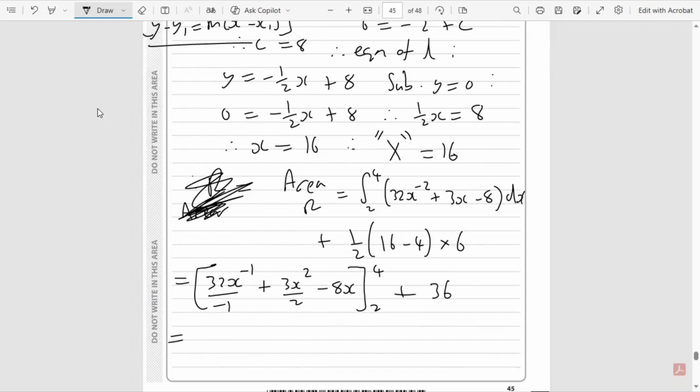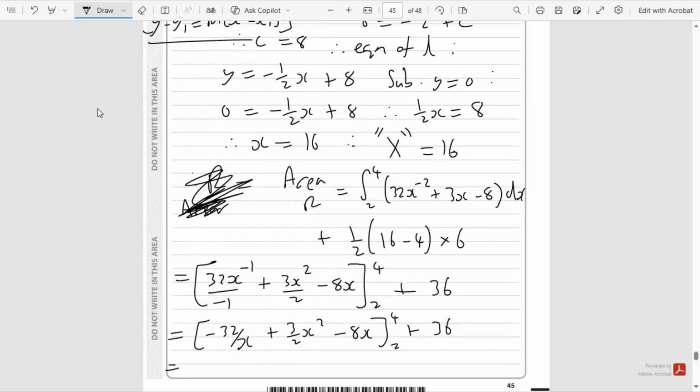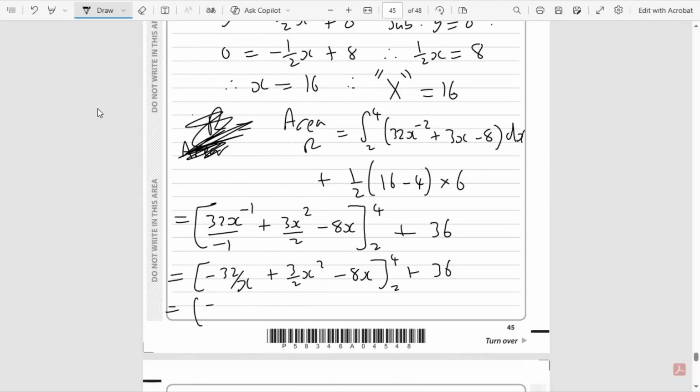Now we can simplify our integration. So minus 32 over x, plus 3 over 2 x squared, minus 8x, and again plus 36. If we sub in the top limit 4 first, that gives us minus 32 over 4, plus 3 over 2 times 4 squared, which is 16, and then minus 8 times 4, so minus 32.